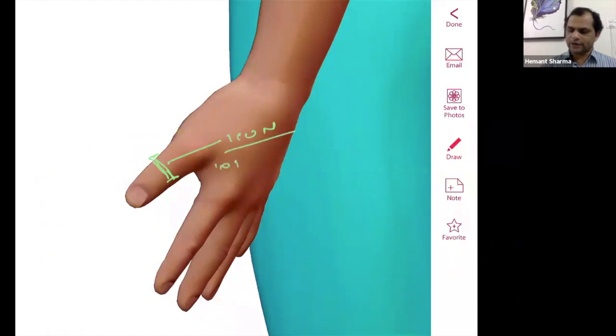Divide this into 10 parts, so 1 cun is equal to 10 fen. We have to insert only 2 fen, not 1 cun, just 2 fen, the 20% part of 1 cun. So a little insertion is also enough.